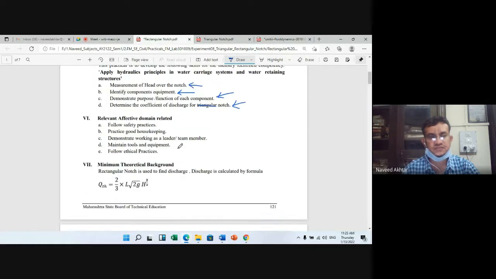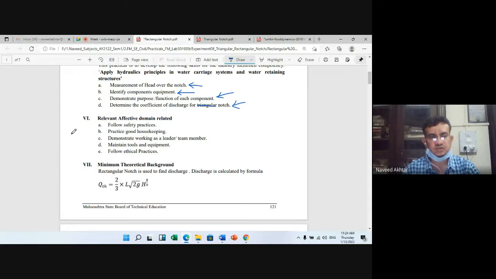Okay. Relevant affective domain related to following safety precautions. You know that safety shoes, anti-skid shoes, are there. The safety shoes you should wear, safety goggles and gloves. Okay, you have to wear an apron for the practical. Practice good housekeeping.